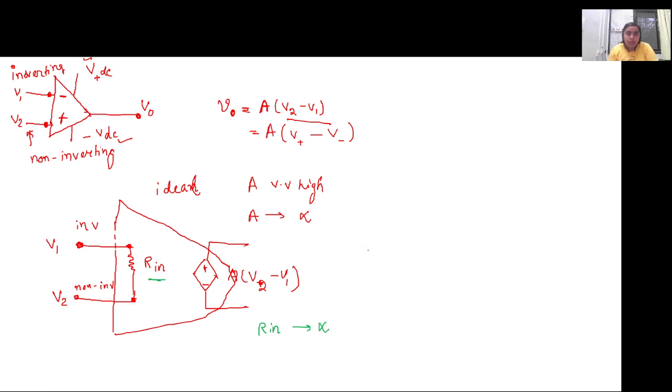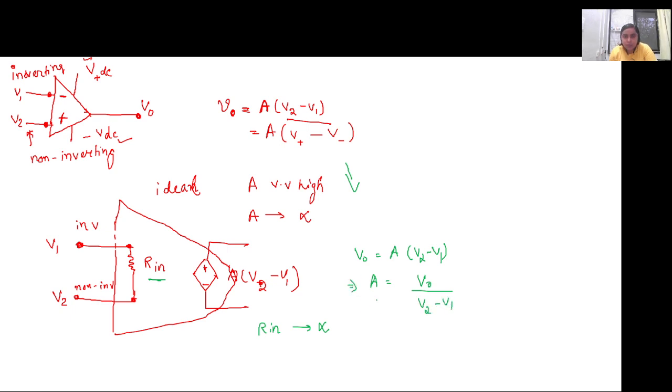Now, from here we have the value of V0, right? V naught is equal to A into V2 minus V1. So for this case, if I assume that A tends to infinity, I'll write A in terms of V naught by V2 minus V1. This is the same thing.